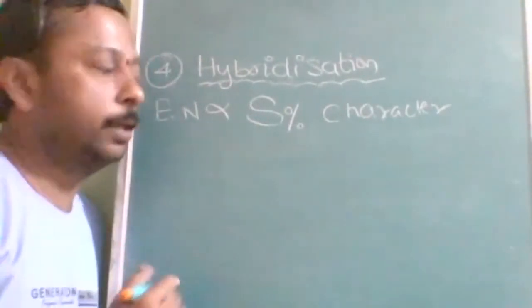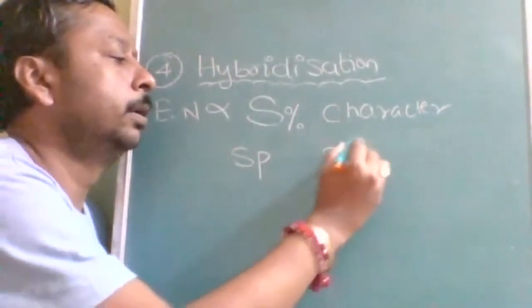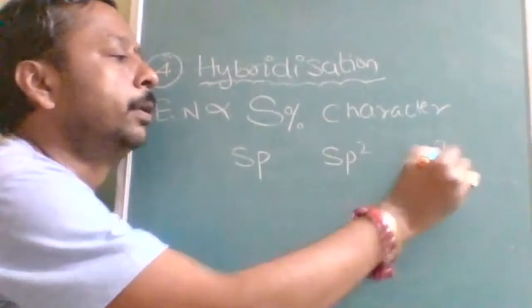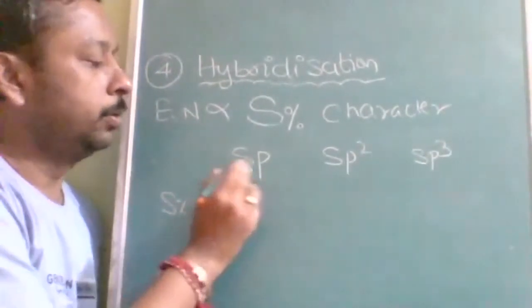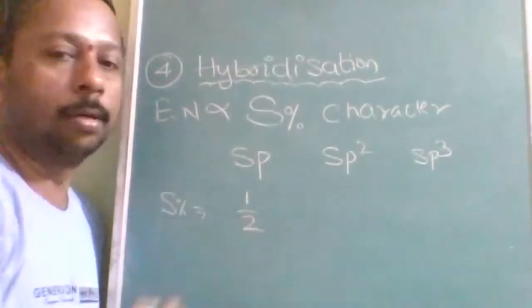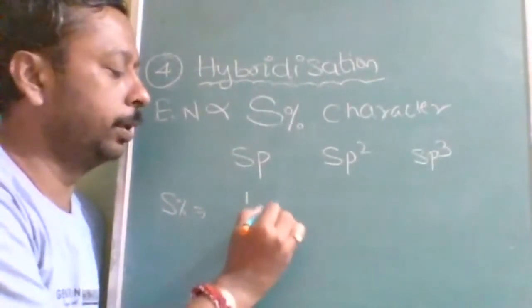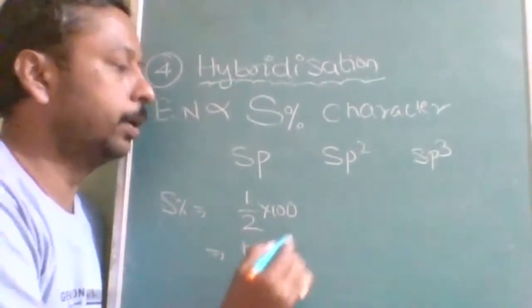For s percentage character, suppose there are three hybridizations: sp, sp2 and sp3. In sp, two orbitals are there and s is one out of the two, half into 100, so s percentage character is 50%. Understood?